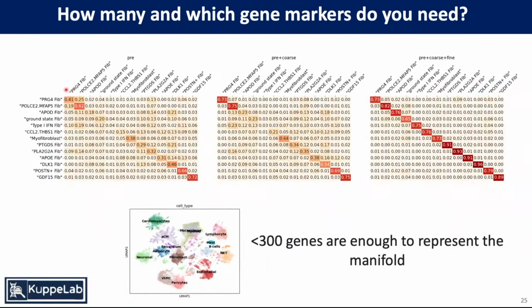If we go through, for example, different fibroblast states, you can see that if we optimize this using SPA-PROS, this actually works quite nicely, giving us those genes that discriminate all of those different fibroblast states. And overall, we ended up with under 300 genes, transcripts that we needed to include to represent the manifold of all of those cell types in this data set.